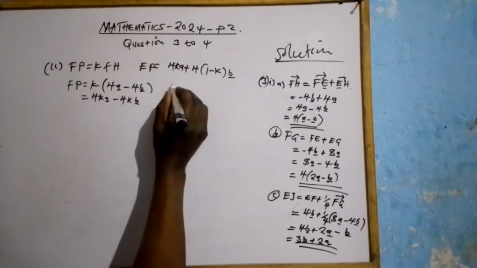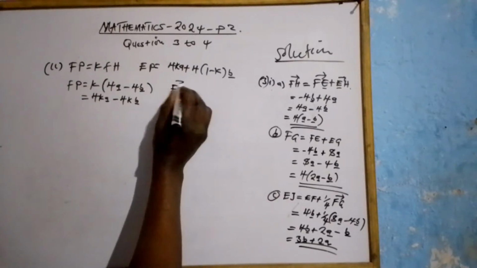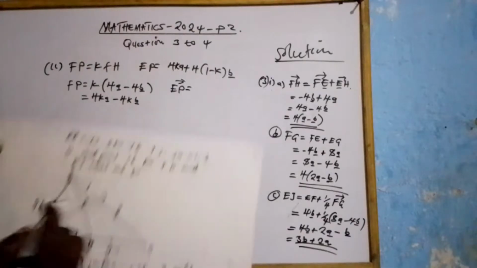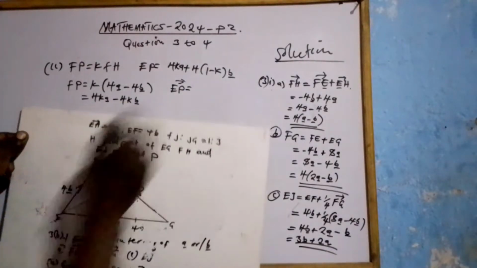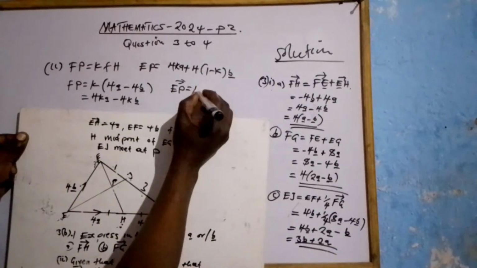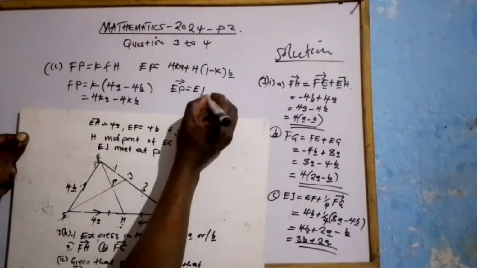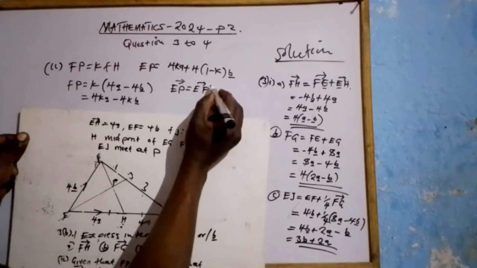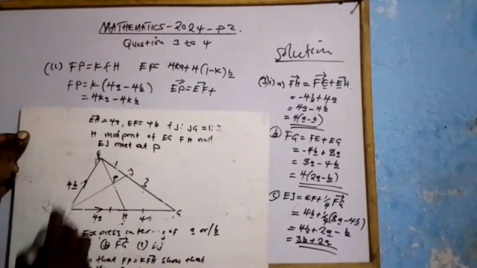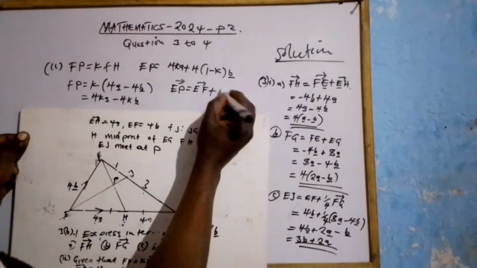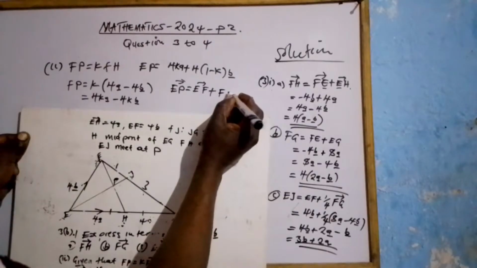So now vector EP is equal to EF, then plus FP.